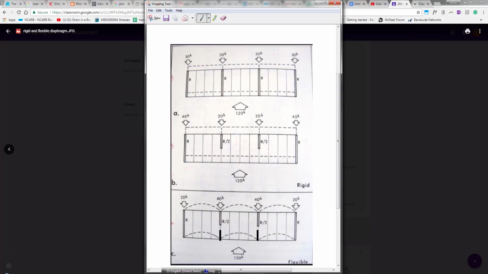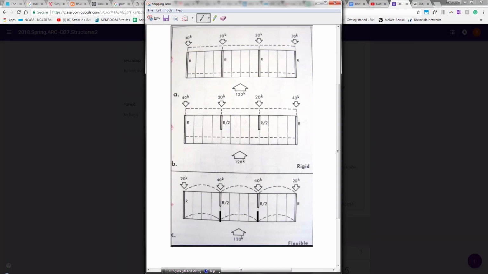So there's a rigid diaphragm and a flexible diaphragm. And we will be mostly looking at flexible diaphragm. But first, let me explain what the differences are between these two, which is fairly simple.